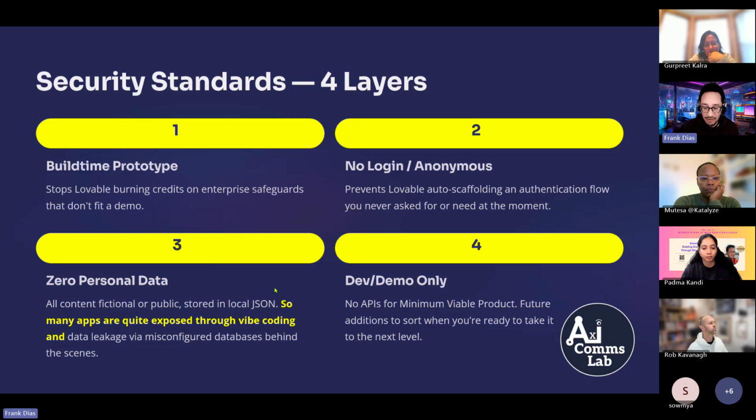So it means that you don't need to burn credits behind the scenes trying to make it absolutely foolproof with regards to all the normal safeguards you'd want for a product once it's out there on the public site. So this is how you control some of the credits not being wasted. The next part is around, I don't need login or anonymous stuff behind it, simply because it is all really in a demo position.